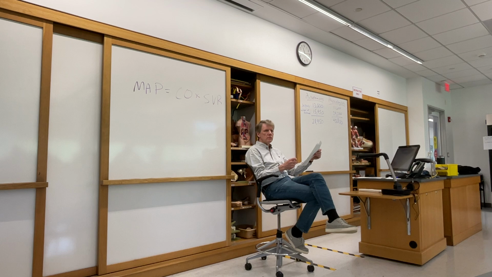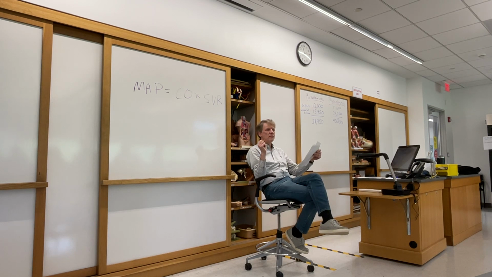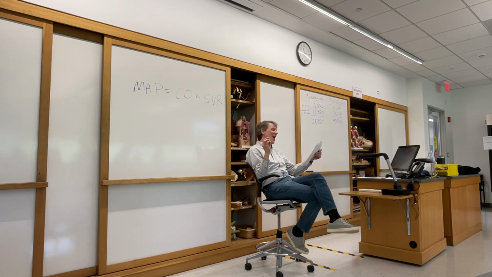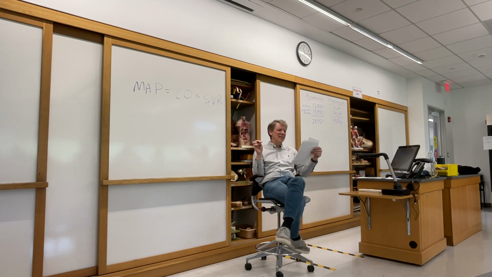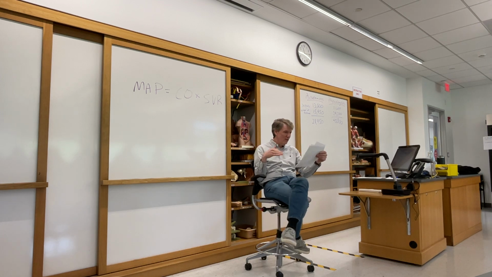ADH. Up. That makes your blood pressure go up. Wow, we're really crushing this. How about increased cardiac output? Does that make your blood pressure go up or down? Up. Okay. Decreased cardiac output makes your blood pressure go down.